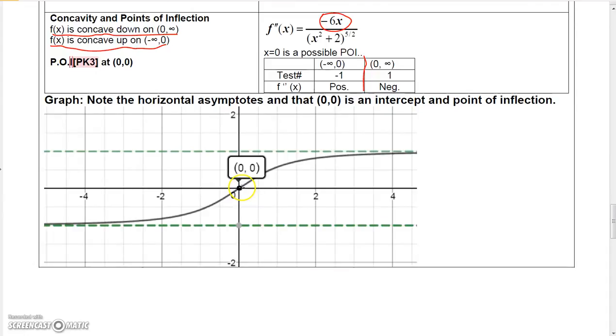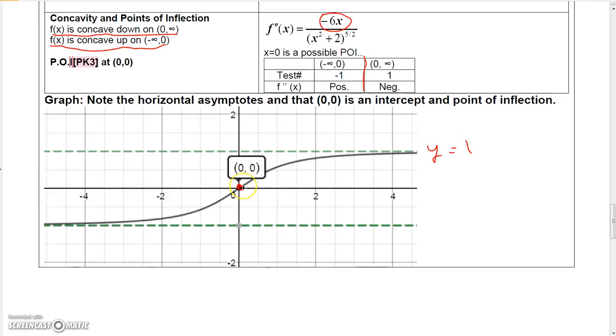So actually, let's just focus on the side to the right of the y-axis. Now we know it goes through (0, 0). We know as x goes to infinity that it's got to approach this line here, y equals 1, because that's the horizontal asymptote.